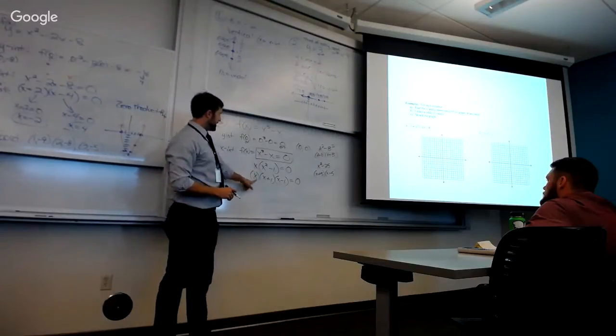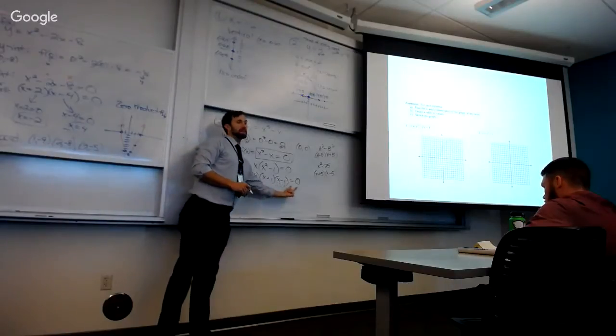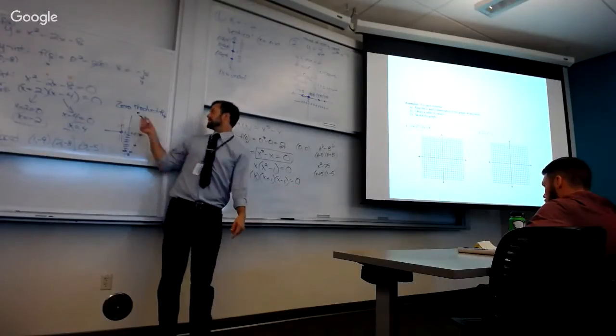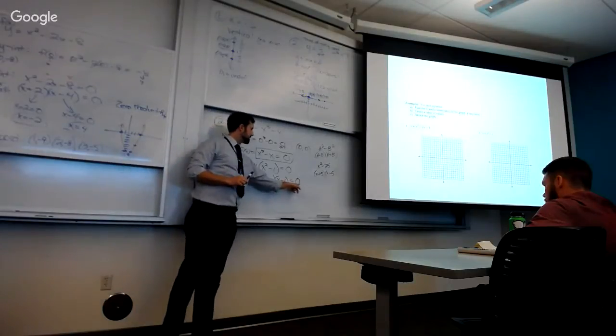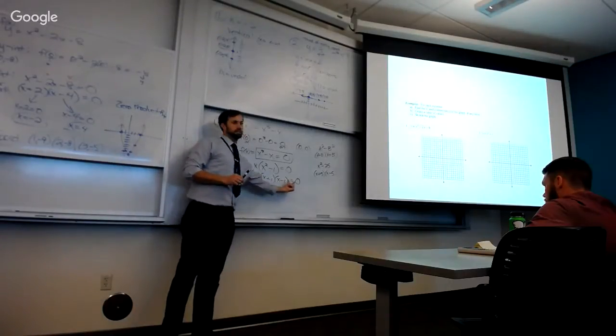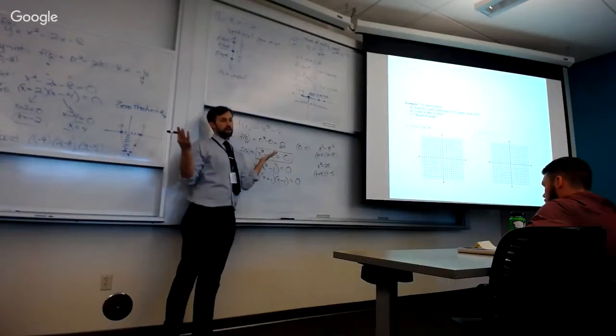So what have we done now? We have now factored this expression down to something times something times something equals 0. So once again, the zero product rule states that if you have something times something times something equaling 0, one of them had better be 0. And in fact, all 3 of them could be 0.